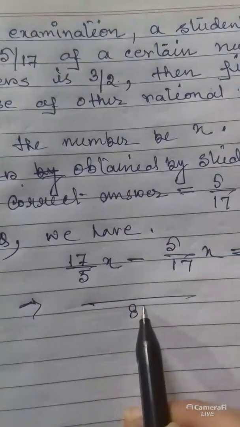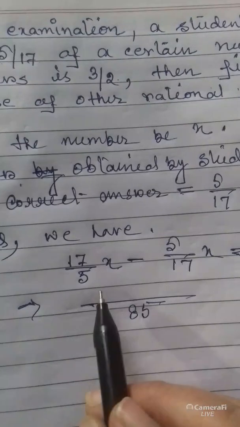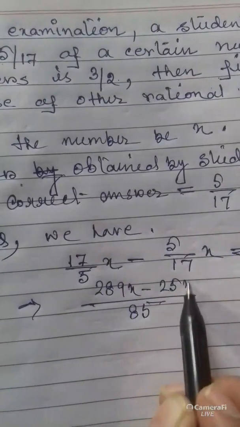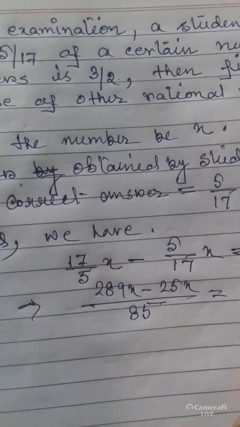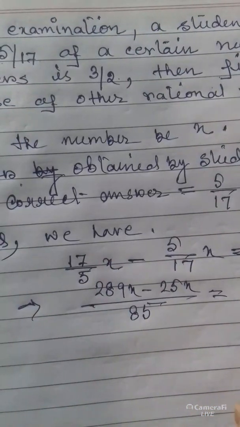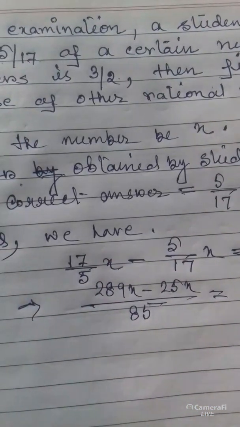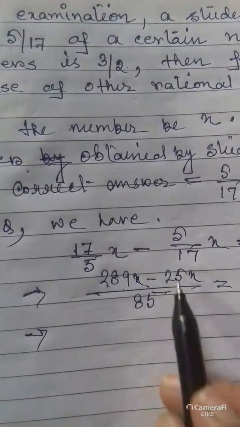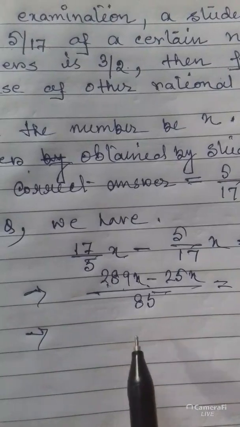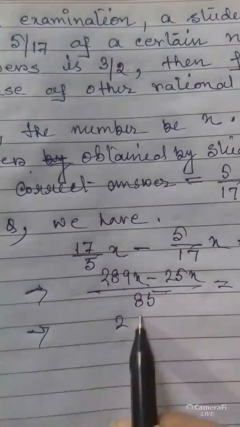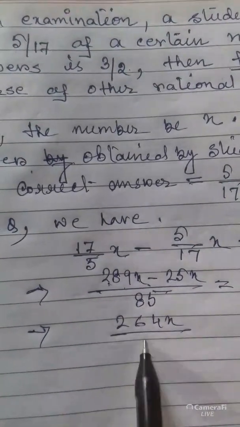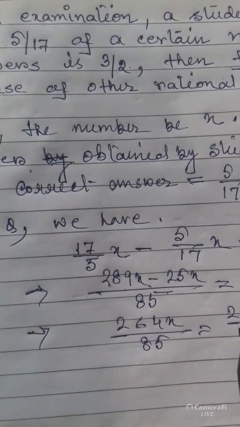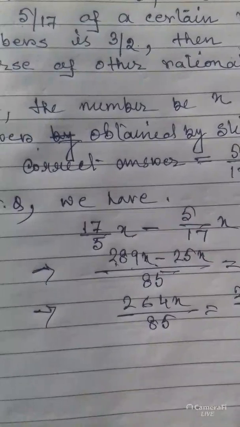Then LCM of 5 and 17 is 85. 289x minus 25x equal to 264 by 119. Then 264x by 85 equal to 264 by 119.